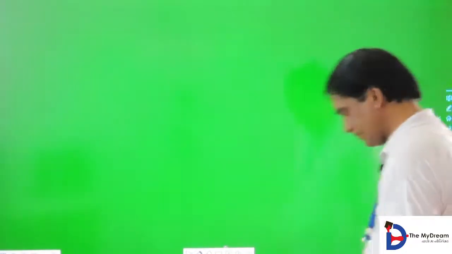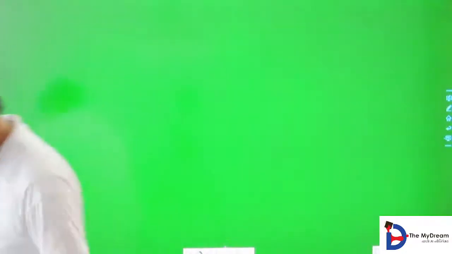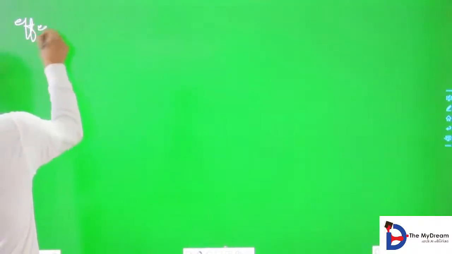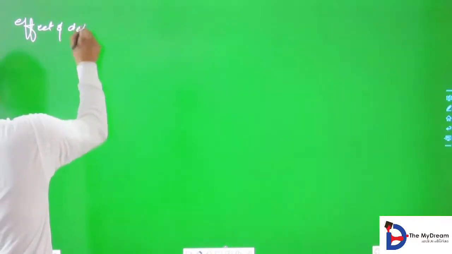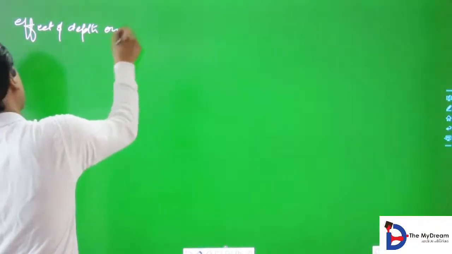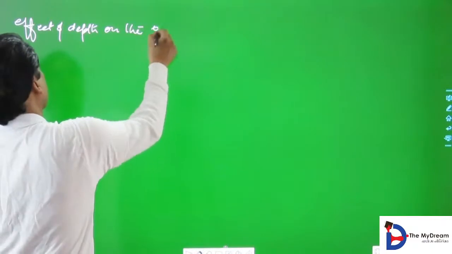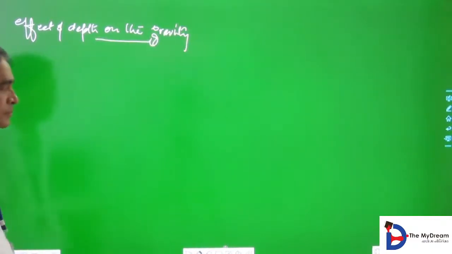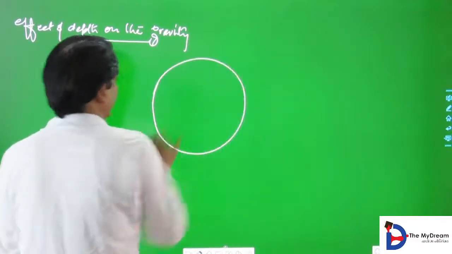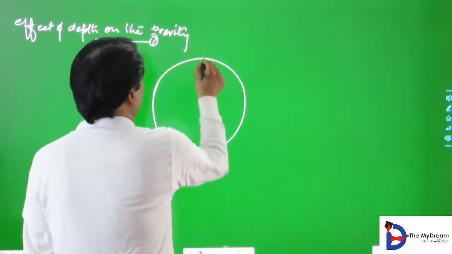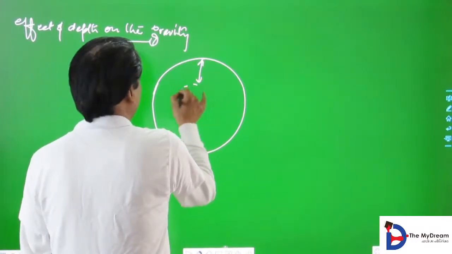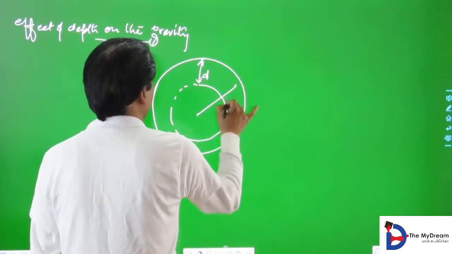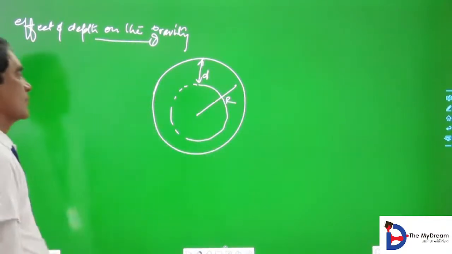The next: effect of depth on the gravity. This is supposed to be Earth, and we want to discuss the gravity at this depth.